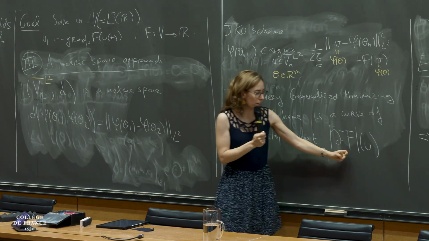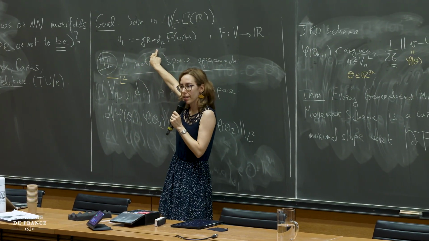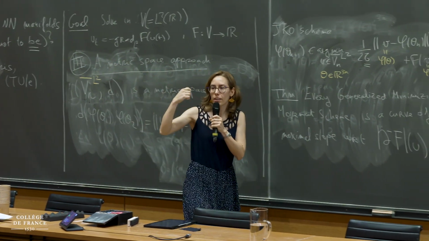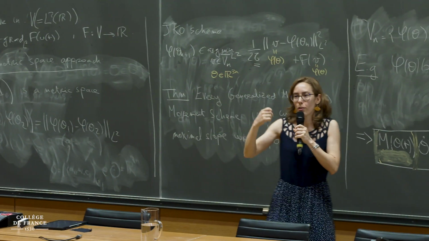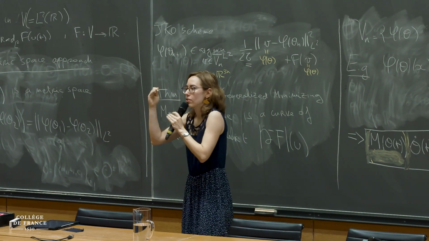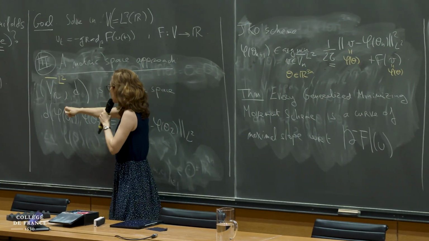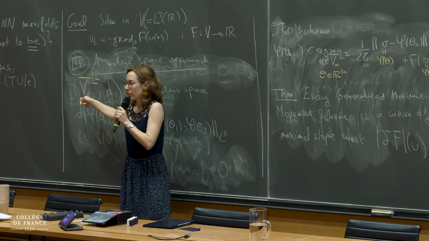The slope here is somehow the replacement of the gradient that we take in L2. Now we need to take gradients constrained to the manifold. I cannot take variations of my f in the whole L2. I have to constrain it to my manifold.